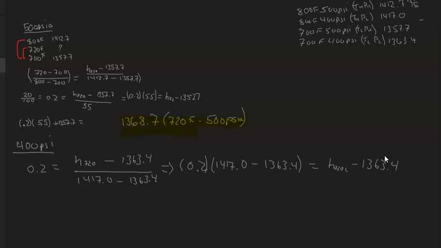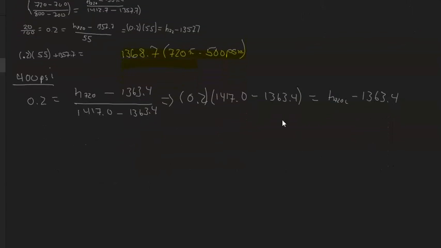1363.4, and we're going to want to bring this out, so let's add that to both sides of the equation. So we got our 0.2, and this number right there is going to give us, and get this number right there, that's going to be the 53.6.